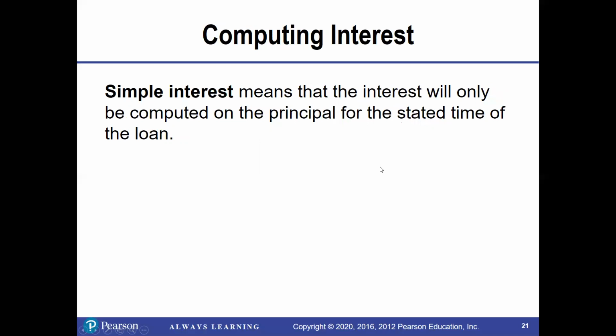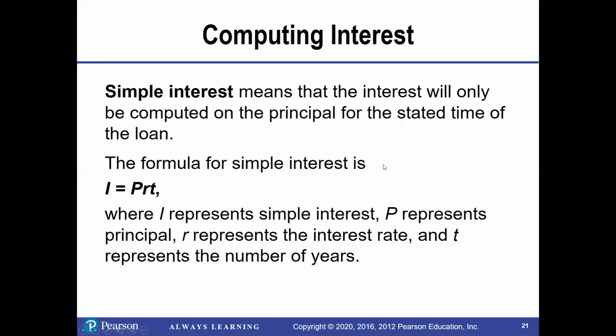Simple interest means this interest will only be computed on the principal for the stated time of the loan. Okay, now what that means is the following. You're only paying the interest for the amount of the loan. Otherwise, you're going to be paying interest on the interest sometimes.